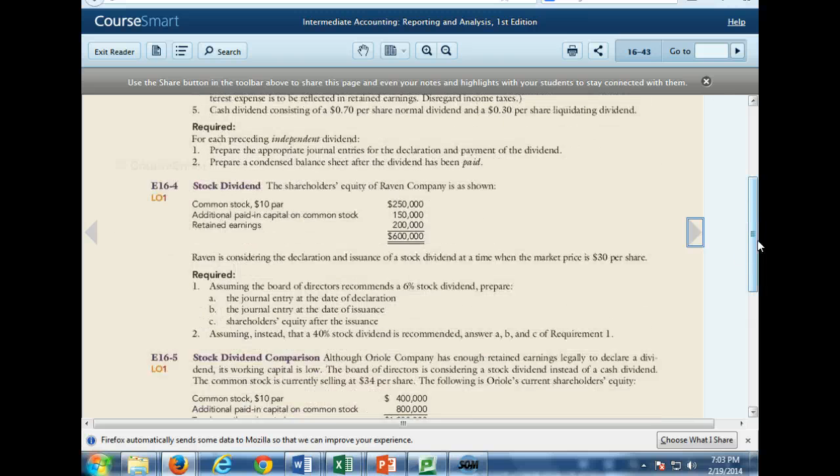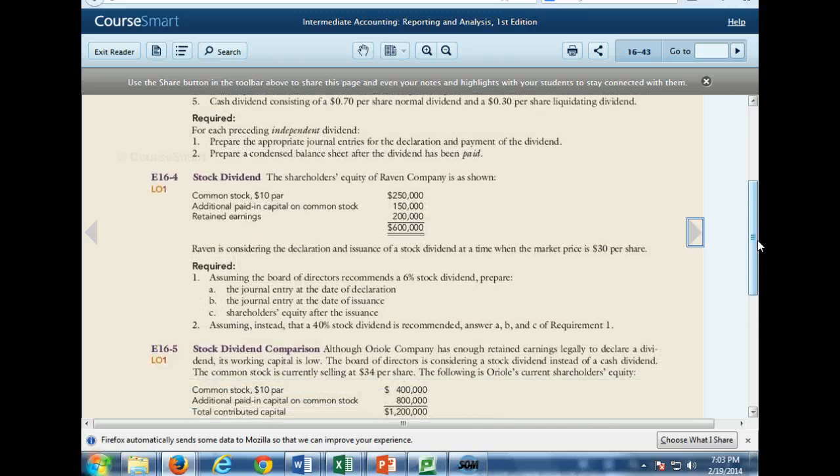Okay, so let's talk about 16.4. The shareholders' equity of Raven Company is shown. Common stock at $10 par, $250,000. Additional paid-in capital on common stock, $150,000. Retained earnings, $200,000, for a total of $600,000.